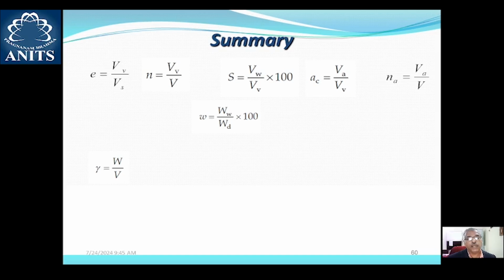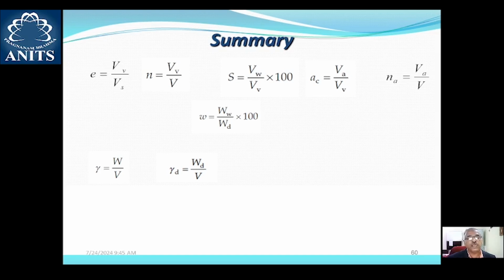And you have bulk density and dry density. Bulk density is actually a general term, which is the ratio of the total weight of soil to the total volume of soil. Dry density, when the soil is in dry condition, is expressed as the ratio of the weight of dry soil to the volume of soil.